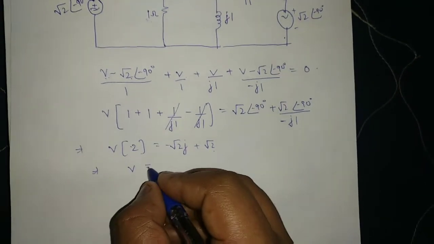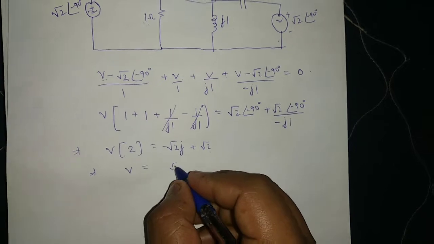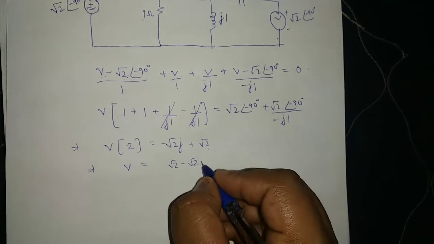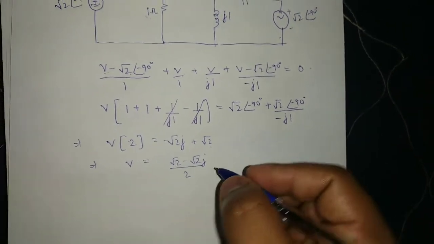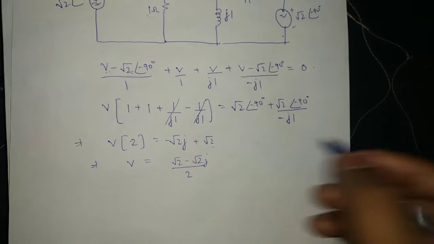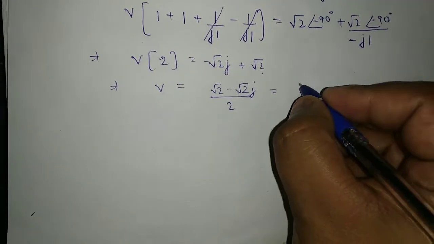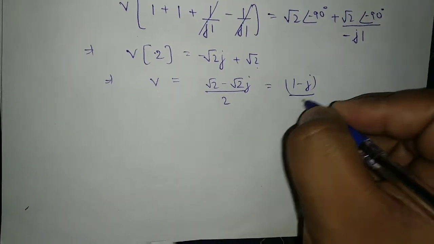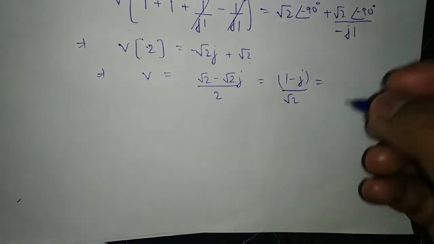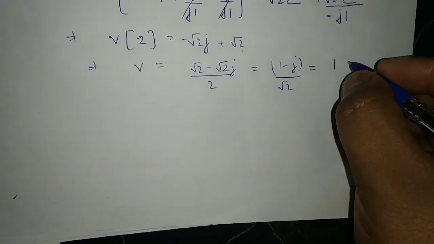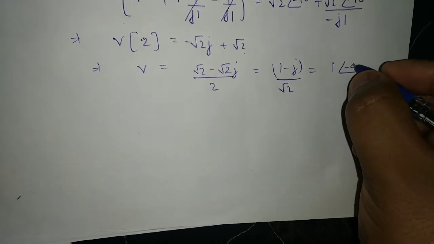So V is root 2 minus root 2J by 2, which is equal to 1 minus J by root 2. Convert it into polar form, so it will be 1 angle minus 45.